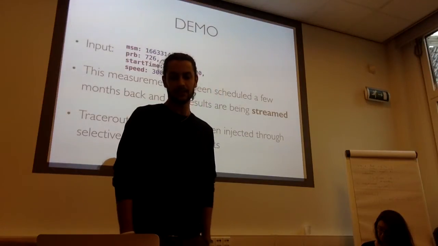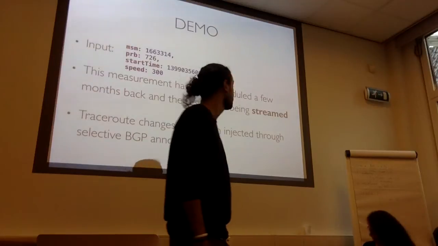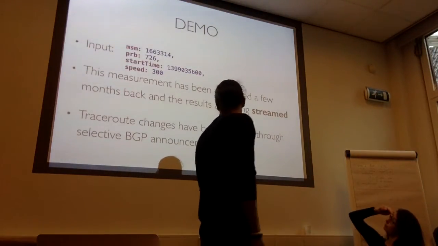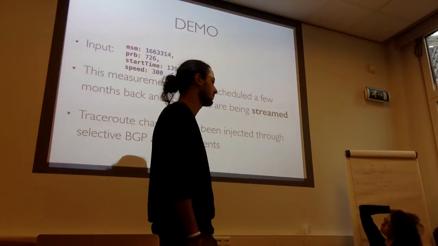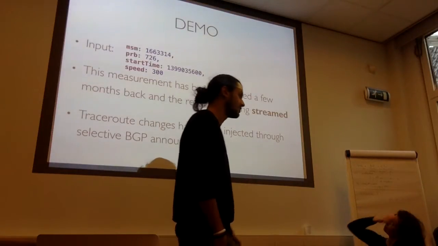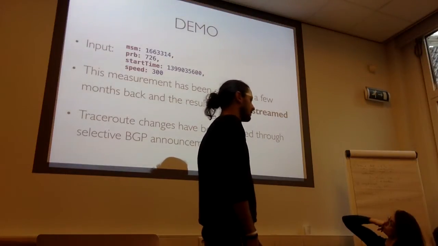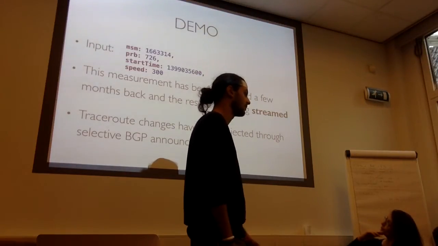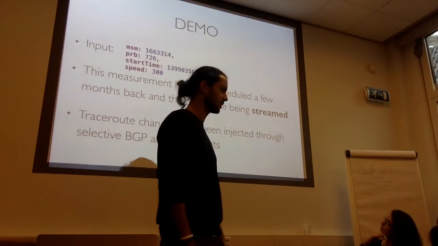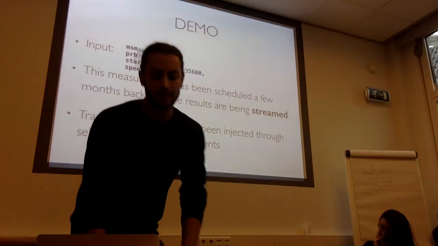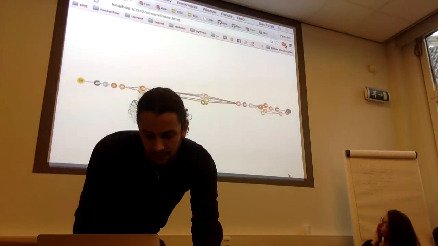And in this particular measurement, we injected some changes through selective BGP announcements because we wanted to check for a different project how well one of our algorithms to find out network events works. So I knew already that there were many changes here. And this is the live demo.